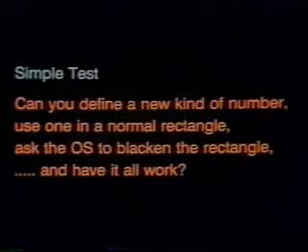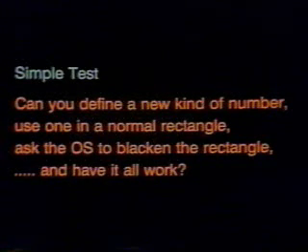I have sort of a simple test which I consider how you find out if a system is truly object-oriented. And it's, can you define your own new kind of number, for instance, a fraction? And you'll have to define how the plus operation works and how the less than comparison works and all that good stuff.